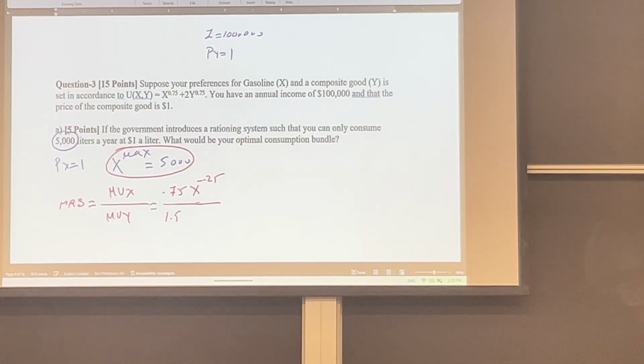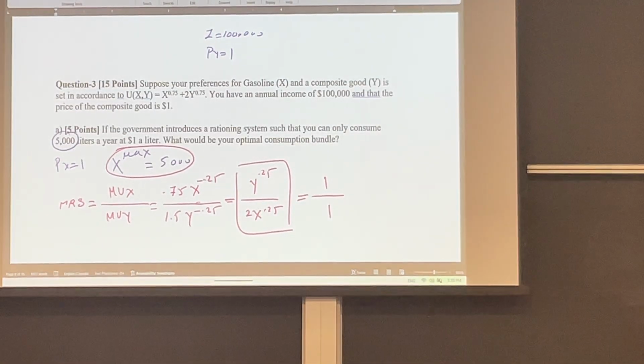That is MUI. So if you solve it a bit, the MRS should look like this. That is the MRS. And in equilibrium, it's equal to relative price, which for the timing is 1.